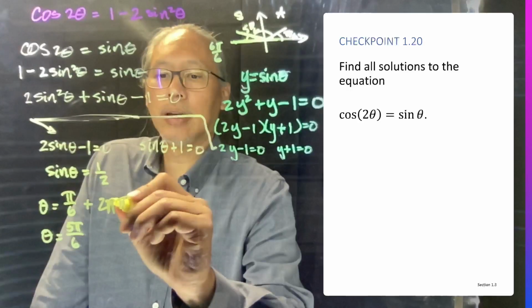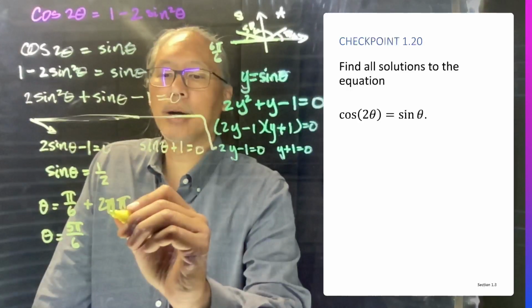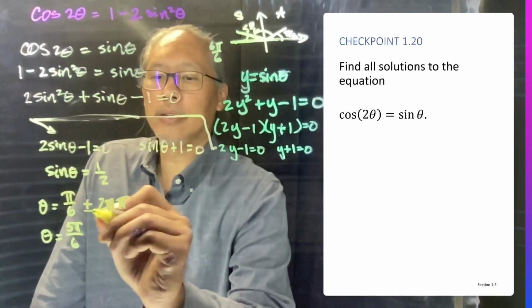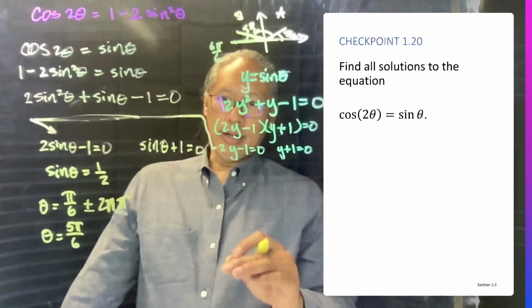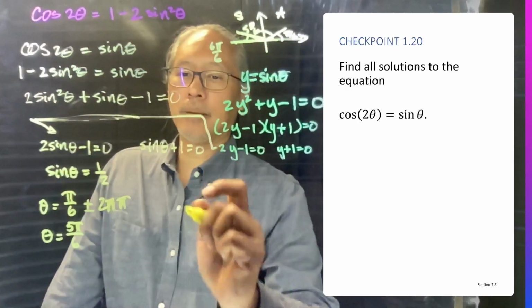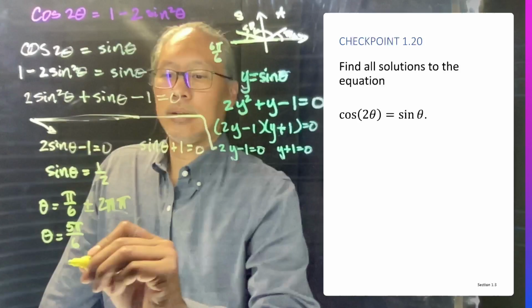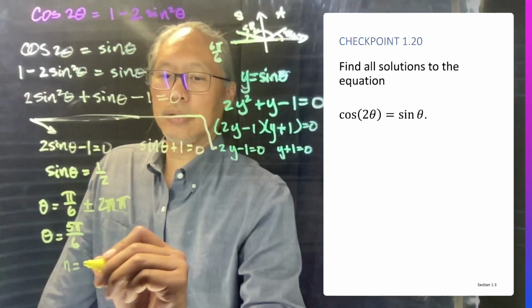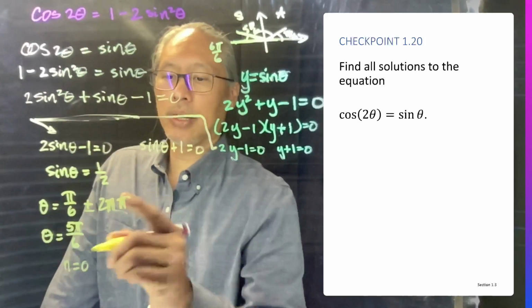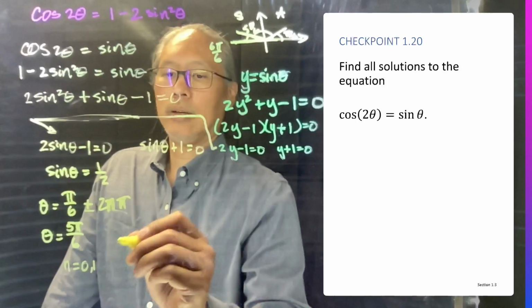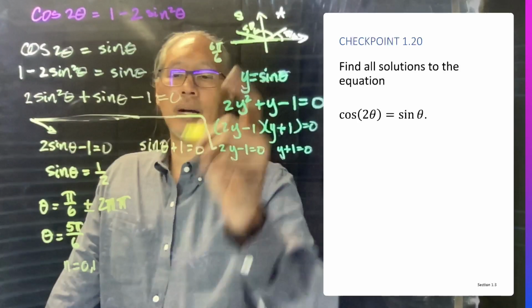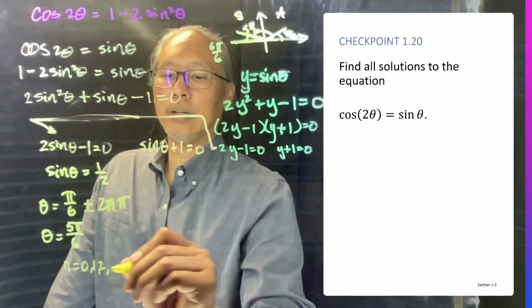So let's say n. So this is 2n pi, and they also say it can go in the negative side as well. So they put a plus or minus 2n pi, where n is equal to 0, and that will give you pi over 6, 1, and that will give you pi over 6 plus 2 pi, or 2, etc.